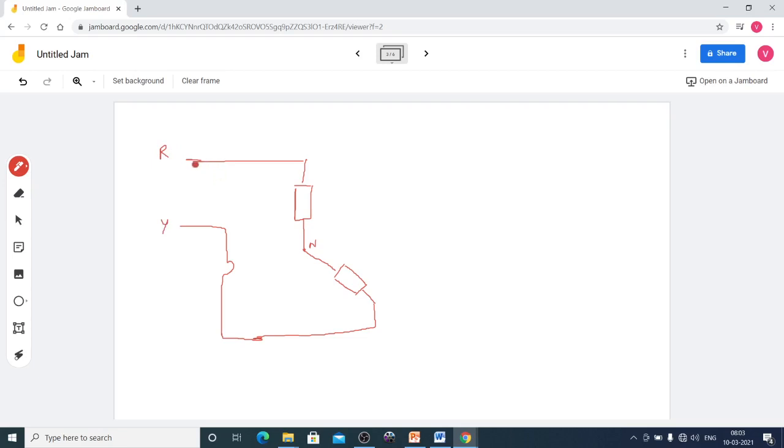The voltage between the two lines, the line voltage, is VRY. The voltage across the Z impedance in the R phase is VRN. Now I am applying KVL to this loop.